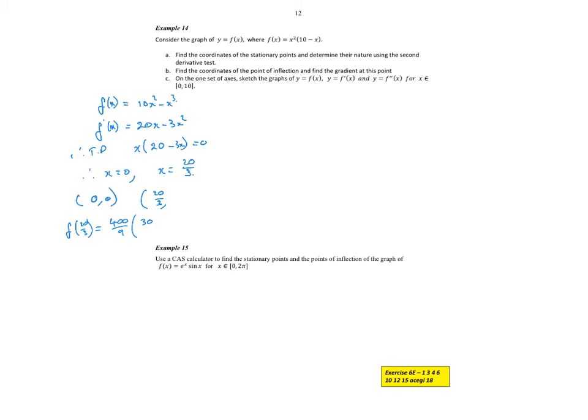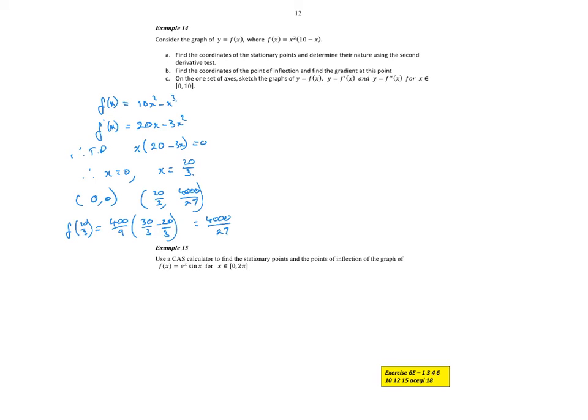So let's call it 30 on 3 minus 20 on 3, which gives me 10 on 3 in the brackets, so we're going to have 4,000 on 3 nines are 27. That'll do. So there's my stationary point, 1,000 on 27. I don't know if it would simplify, to be honest.